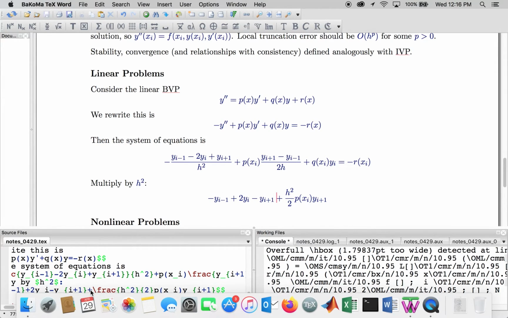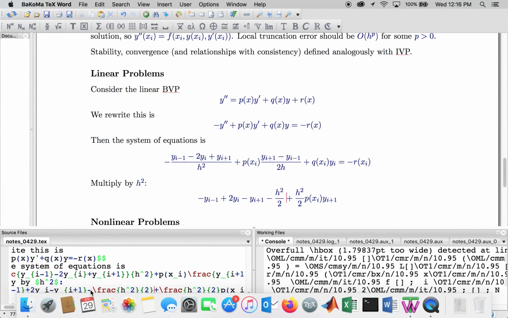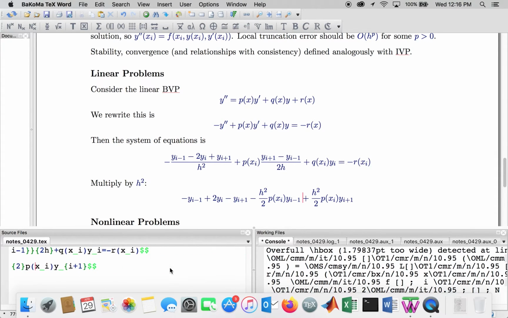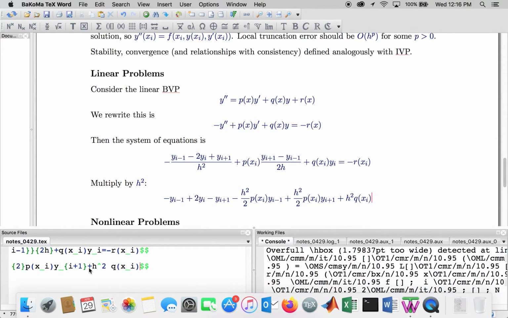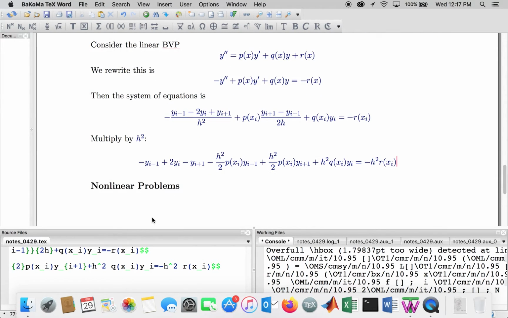I'm going to put it to the left, just because I want the points ordered from left to right on the grid. And then I have plus h squared q of x i y i is equal to minus h squared r of x i.